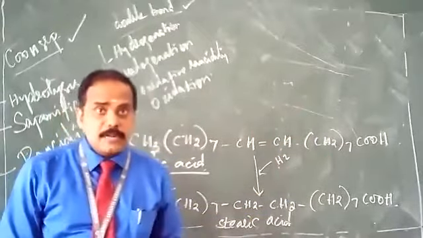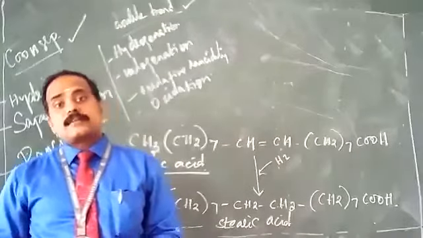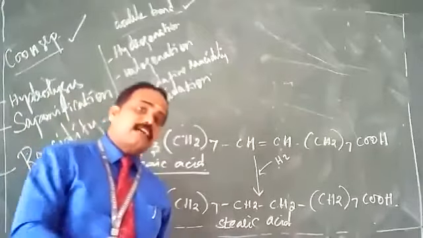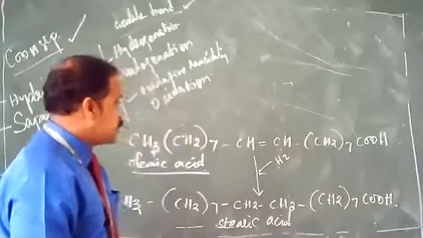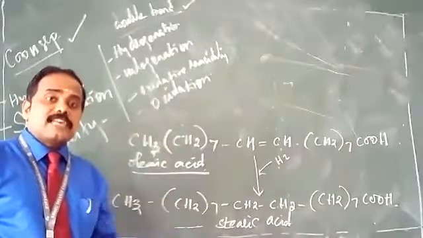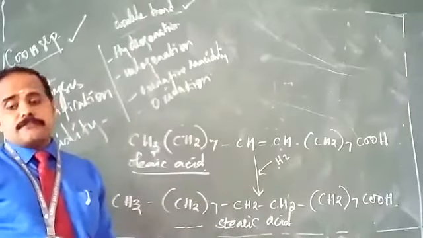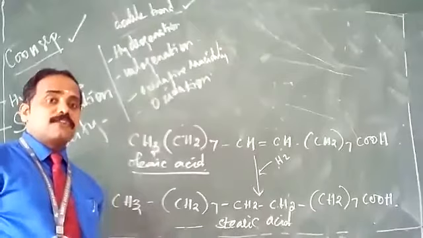Unsaturated fatty acids are mainly present in plant oils, and they can be converted to saturated fatty acids. That is the main significance, and it is mainly due to the presence of double bond.